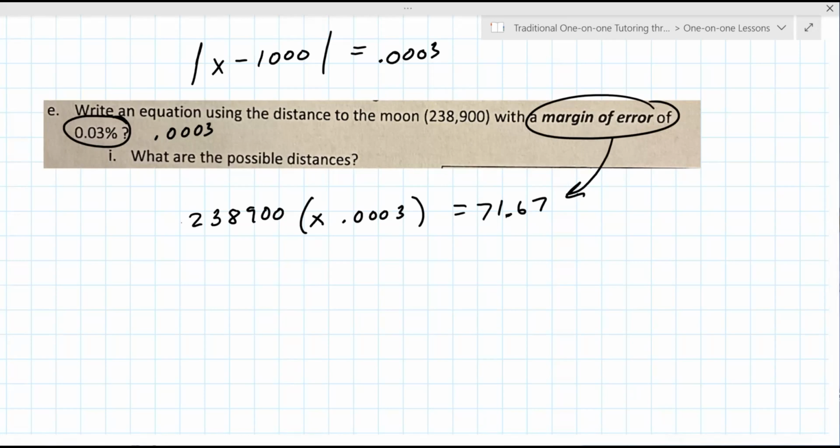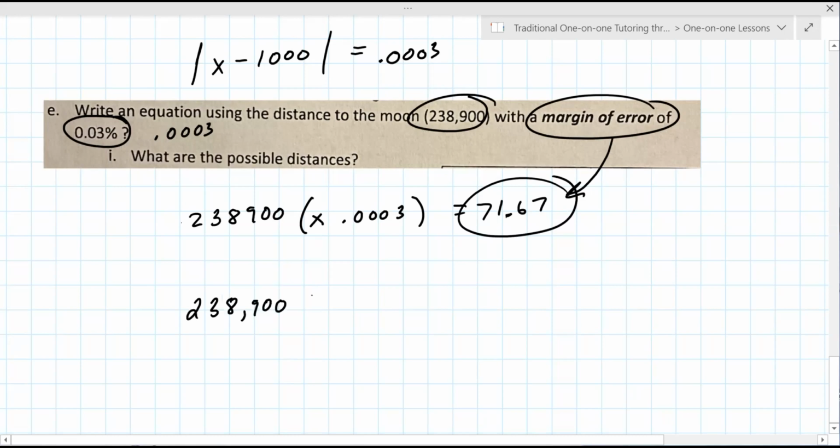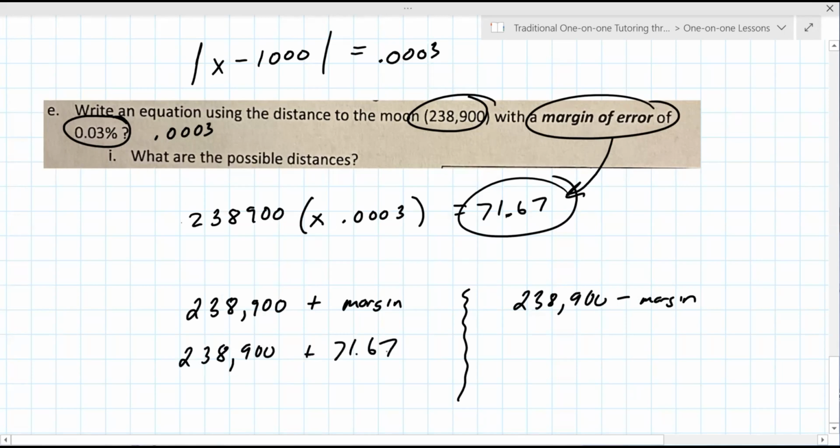Okay. So your margin of error is this number right here. So you take the centered number, 238,900, and you add the margin, and then you take 238,900 and subtract the margin. So you have to take 238,900 plus 71.67, and 238,900 minus 71.67. Okay, if you've got a calculator, you can do that.